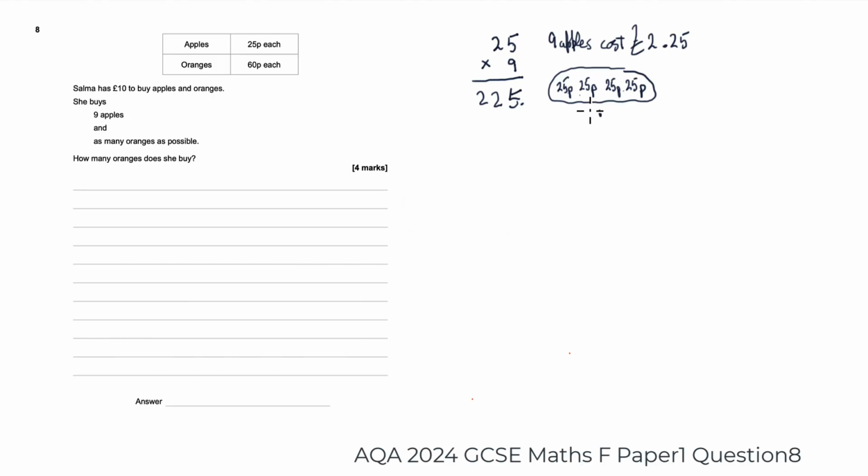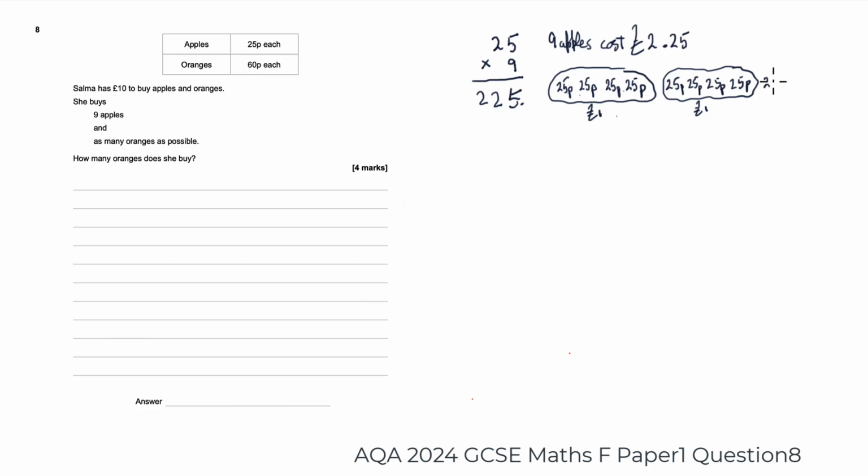So she's bought 4 apples for £1. She's still got another £1, and that would involve buying another 4 apples. So there she is with her 8 apples, having spent £2.